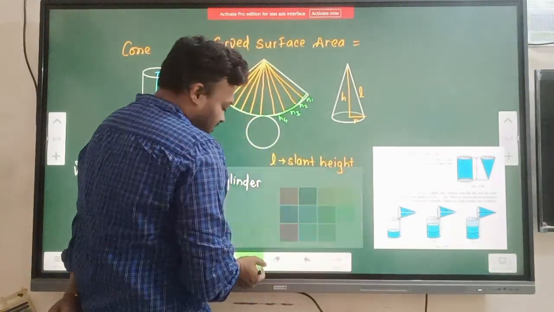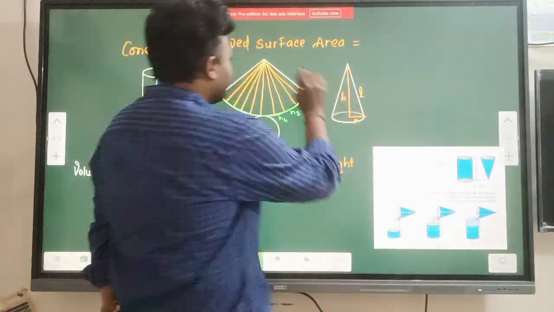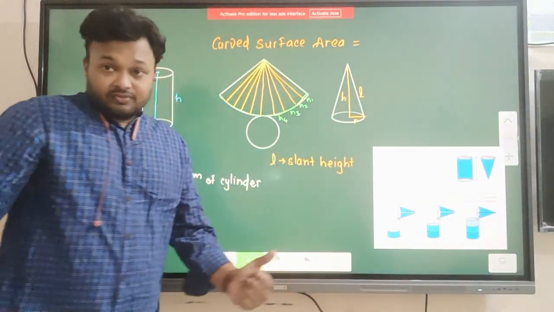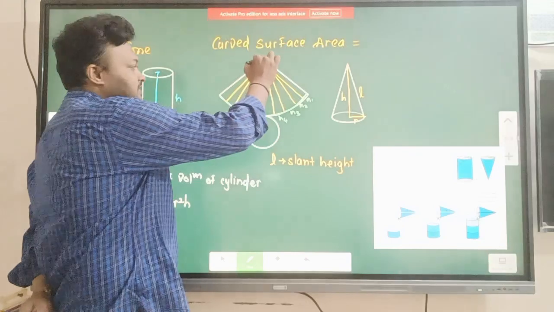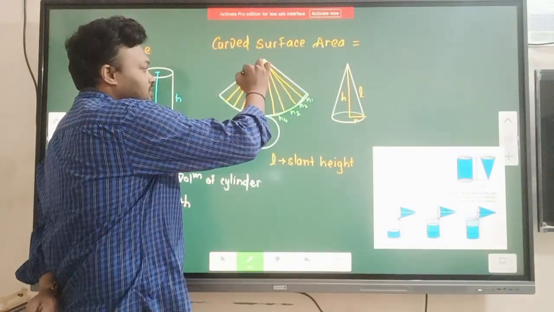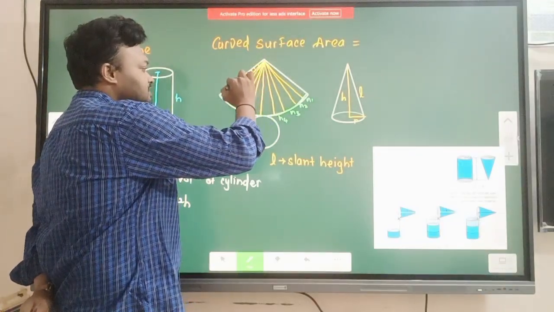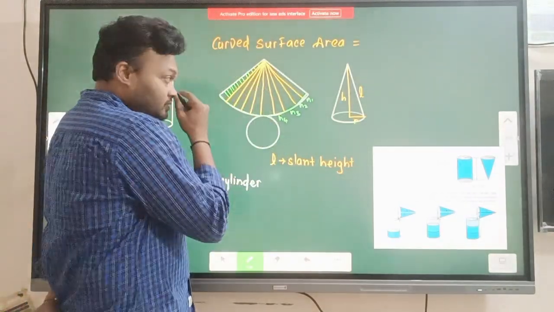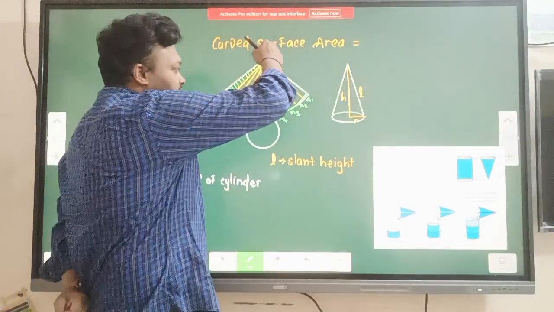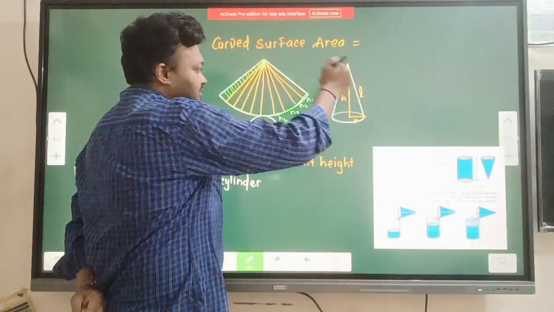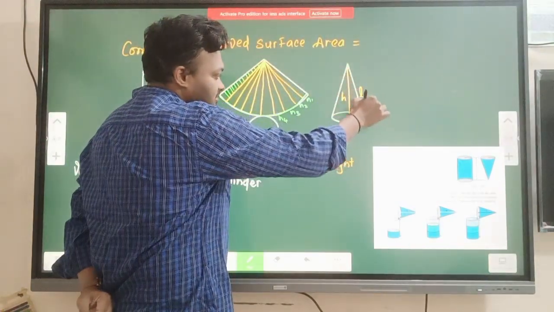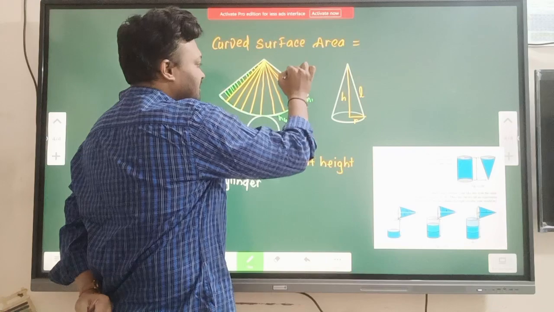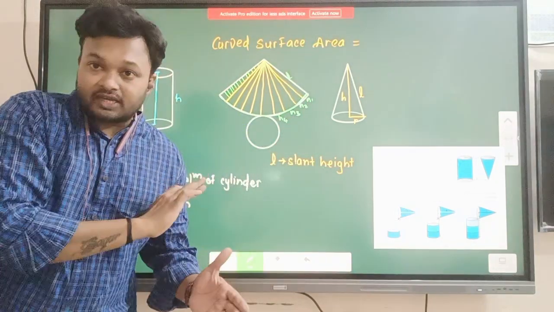Now, we are calculating the curved surface area, and in it we have these small triangles, and we are going to add all the triangles. If you see carefully, this is nothing but the slant height, which is L, and it is the same in all cases.